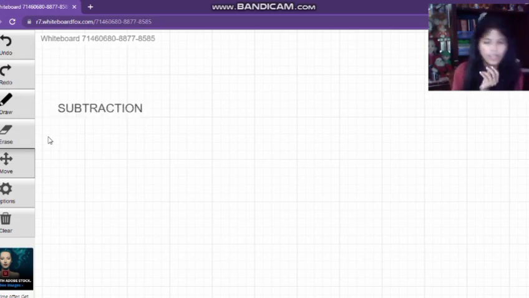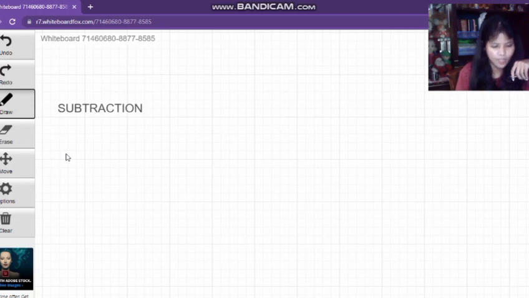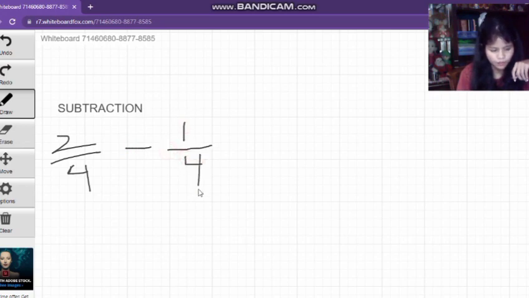If the denominators are equal, we just write like this: 2 over 4 minus 1 over 4 equals 2 minus 1, and then the denominators are the same, so we don't have to change them.